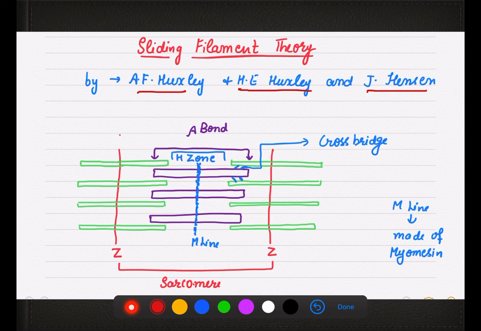And why I'm saying we need to discuss it is because in your syllabus we have to talk about the mechanism of muscle contraction, and without the sliding filament theory you can never describe it. It is always best explained with this theory, right?